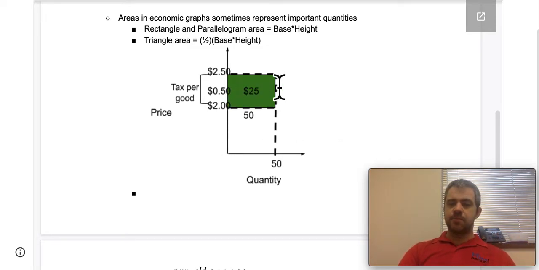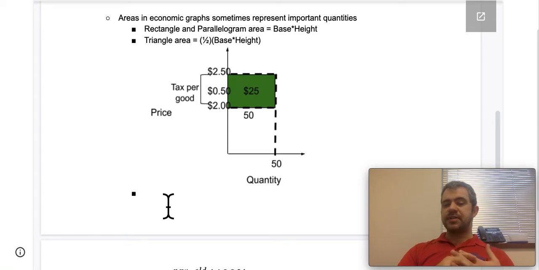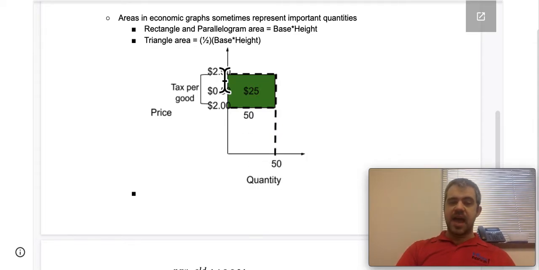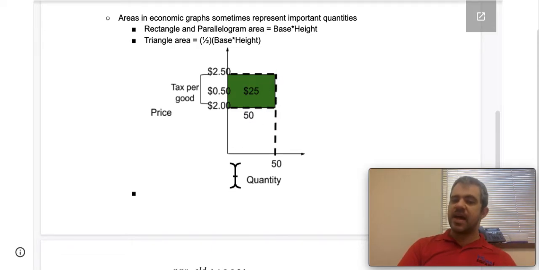I didn't color it in here, but this big rectangle right here represents how much total revenue that the producer is getting. Like if I sell 50 and I charge 250, the total amount that I make is going to be equal to this area right here, 50 times 250.